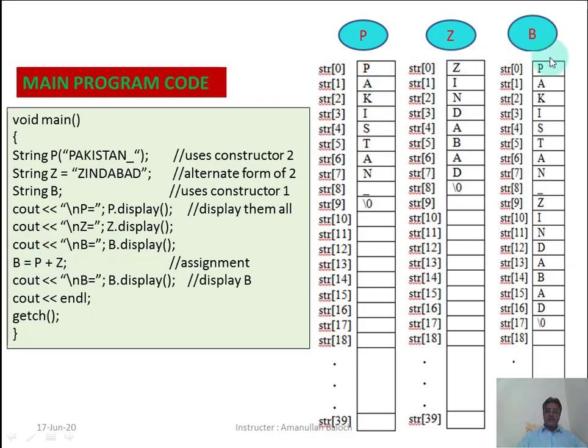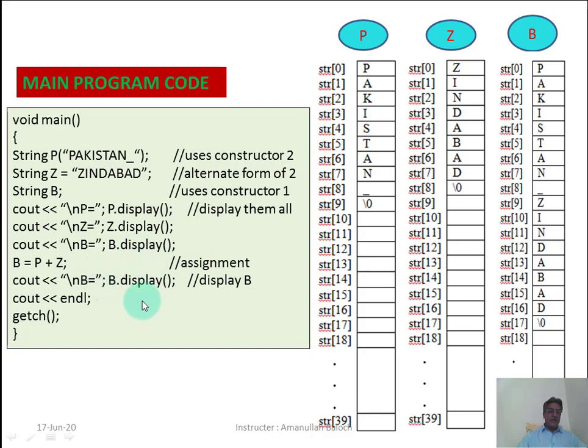Now B contains Pakistan Zindabad, and if at this location we called the B.display function, it displayed the null value only. But when we execute the same statement at this stage, the computer will write B is equal to, and B.display shows the value of the B object, which is Pakistan Zindabad.